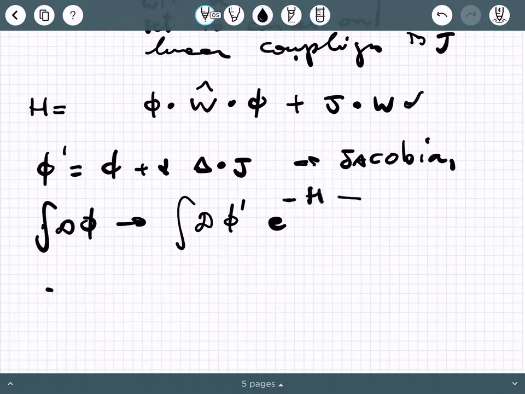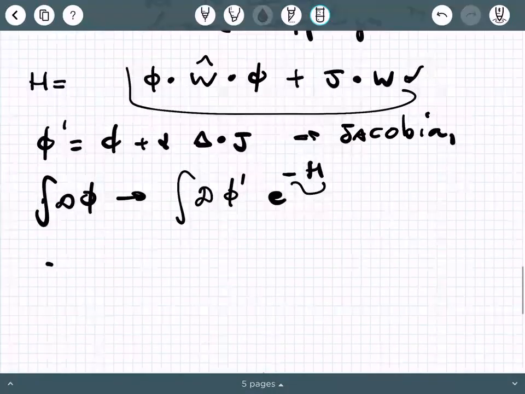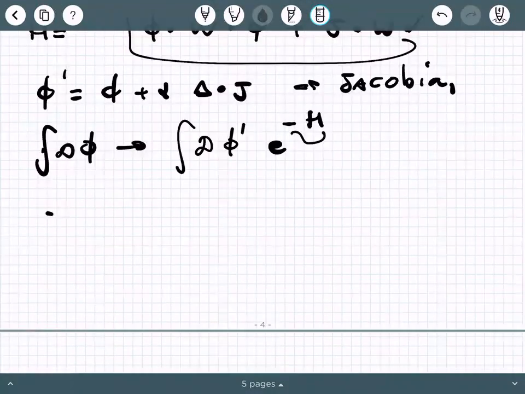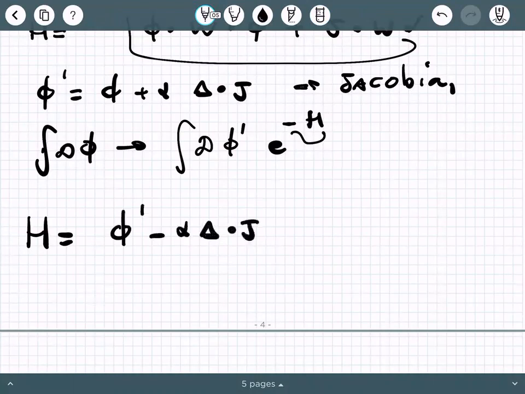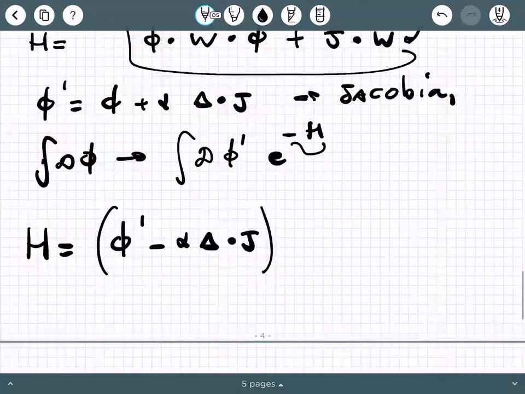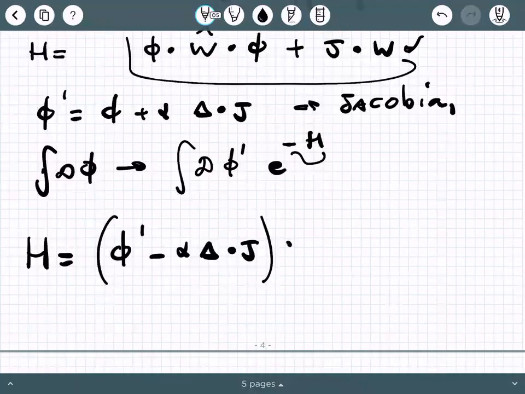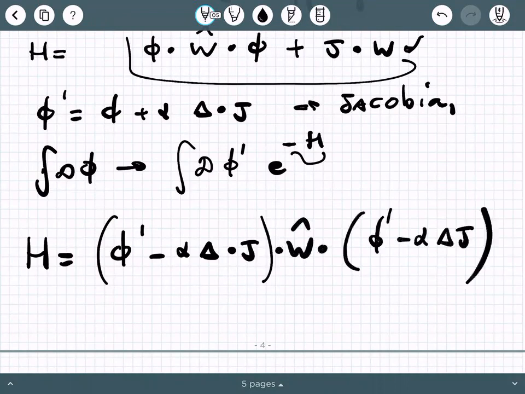So I have to call it H, because both these terms are inside H here. Let's not introduce more confusion than necessary. So let's look at the Hamiltonian now. The Hamiltonian is going to be phi prime minus alpha delta J W phi prime minus alpha delta J, correct?